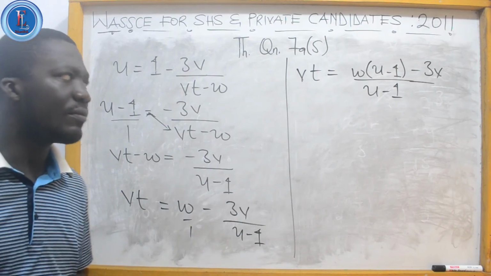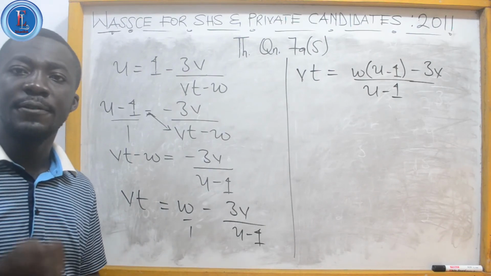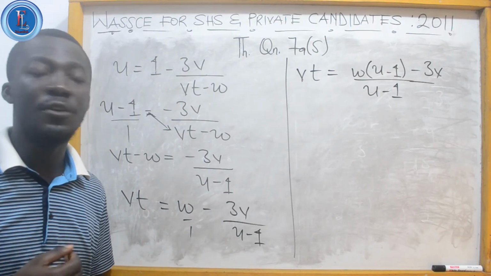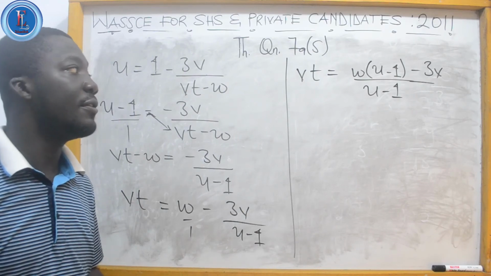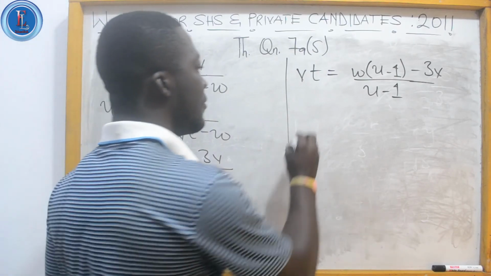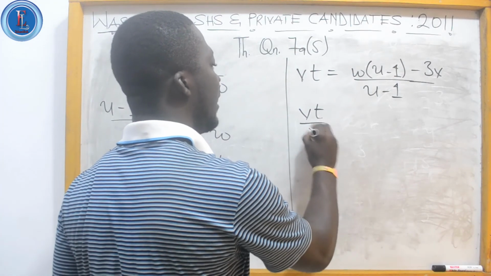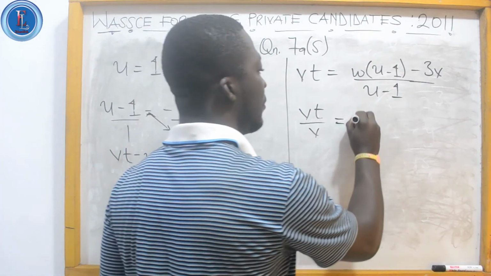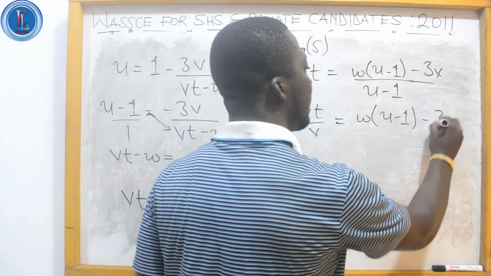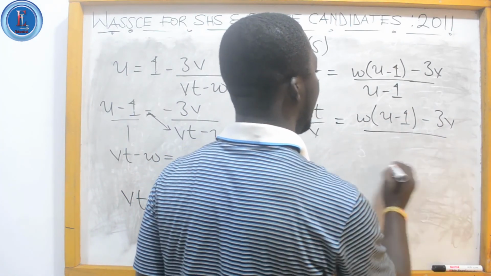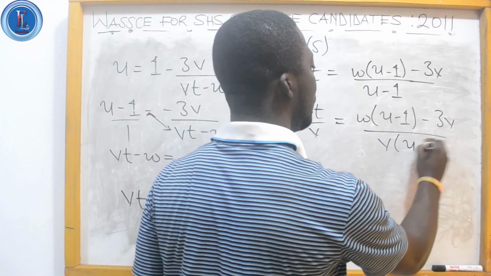Now, we want to find T. So in our next step, we are going to divide both sides of the equation by V. By so doing, you get VT divided by V is equal to W into brackets U minus 1 minus 3V divided by V into brackets U minus 1.